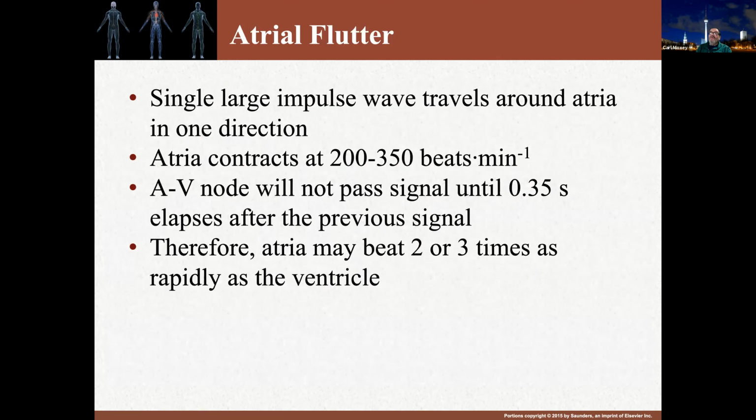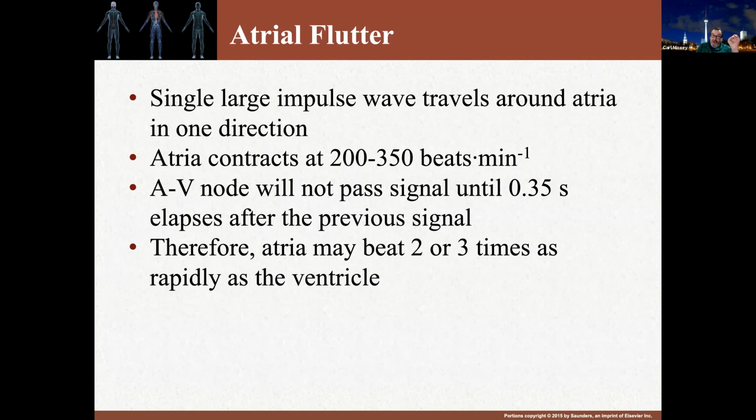Flutter, on the other hand, is a kind of signal that is sort of like the wave at a ballpark, if you will. A single large impulse wave that travels around the heart. And it may have rates of anywhere from 200 to sometimes as high as 400 beats per minute.